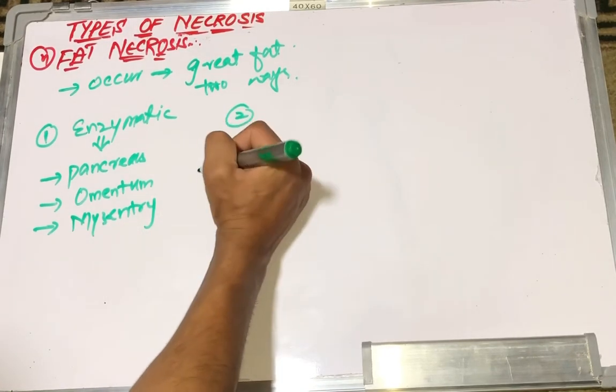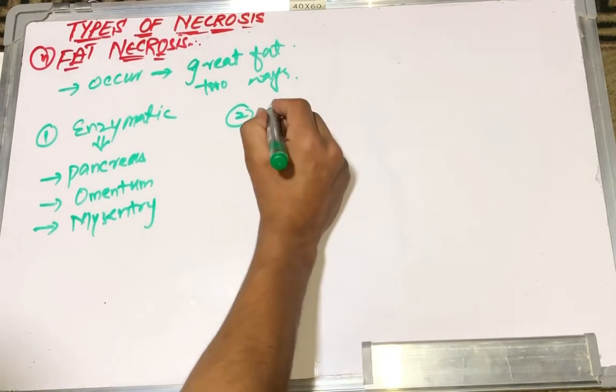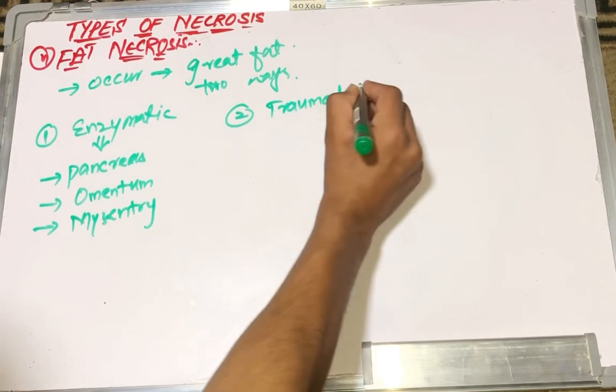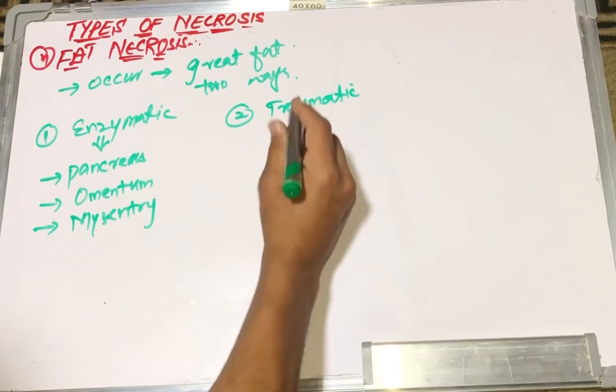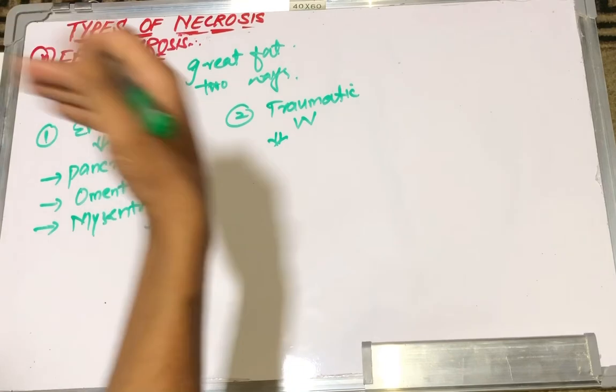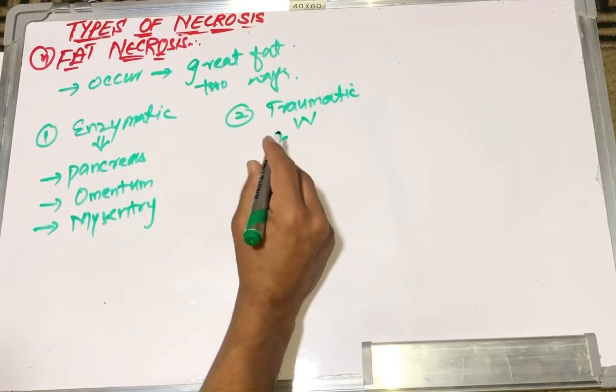The second way through which fat necrosis occurs is the traumatic way. Traumatic fat necrosis usually occurs in the breast.